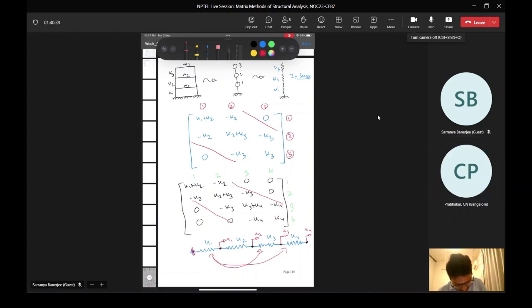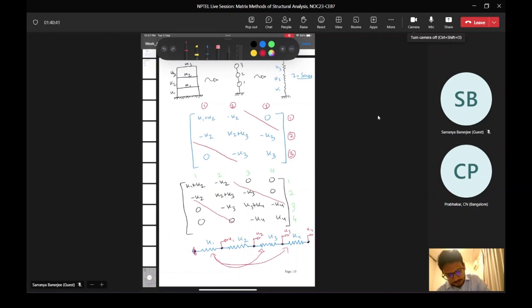If you just hold everything and displace U1 like this, there won't be any effect on K3 and K4. Only K1 and K2 change. This U1 is holding K1 and K2 in place. If you move to the left, K1 will shorten and K2 will elongate. You move to the right, K2 will compress and K1 will elongate.